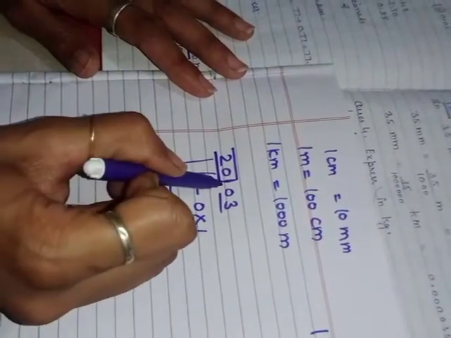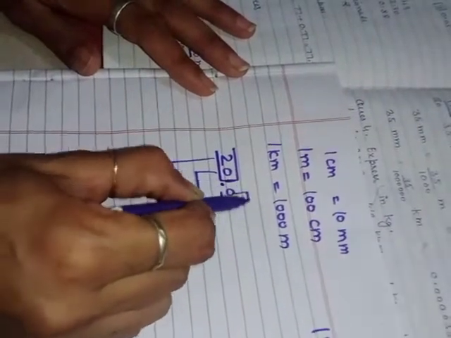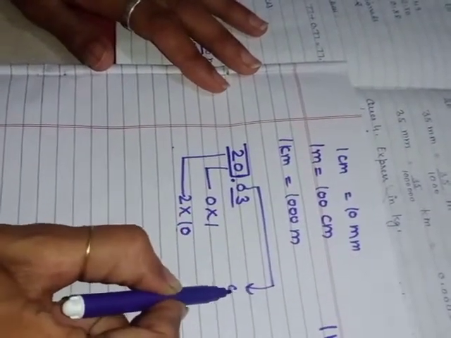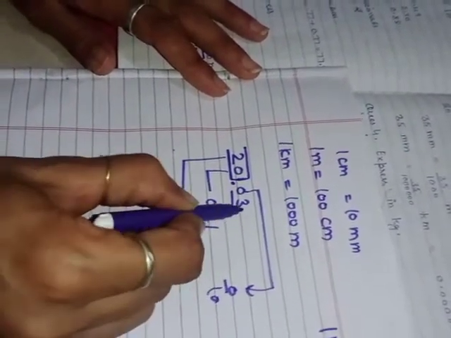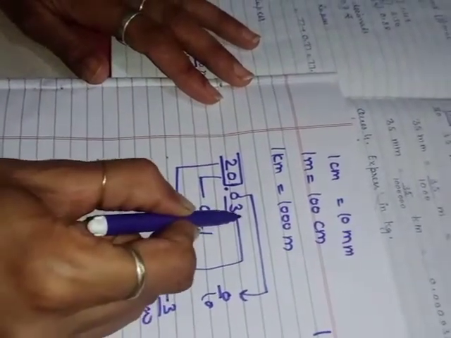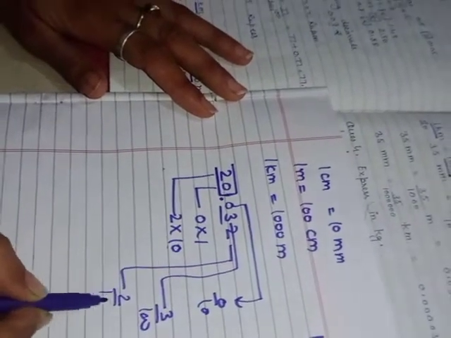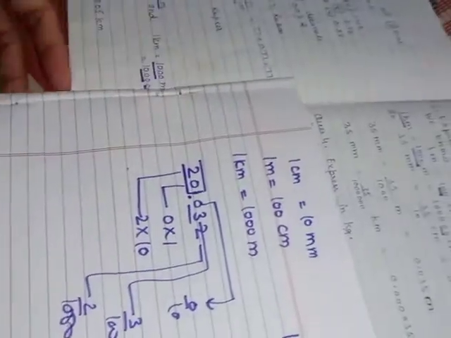Clear? But after the decimal point we will divide the term. The tenths digit you will divide with the 10, and that 3 will be divided by the 100. If there are any other terms also, then that will be divided by the 1000. Clear? So same pattern will be followed in your exercise also.